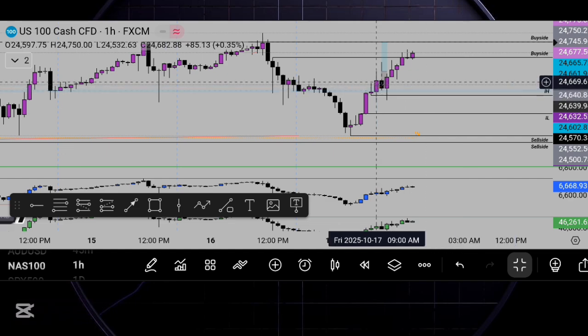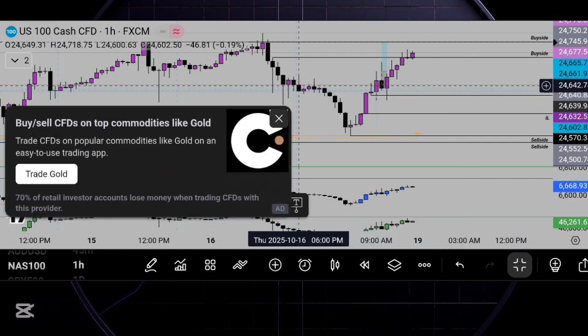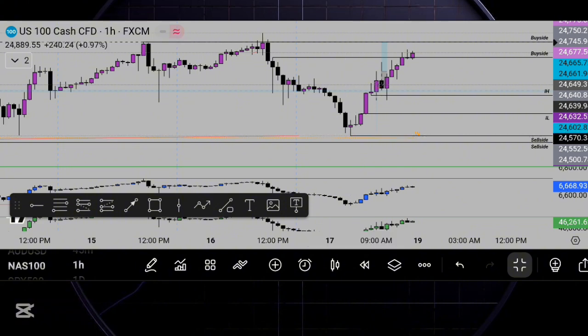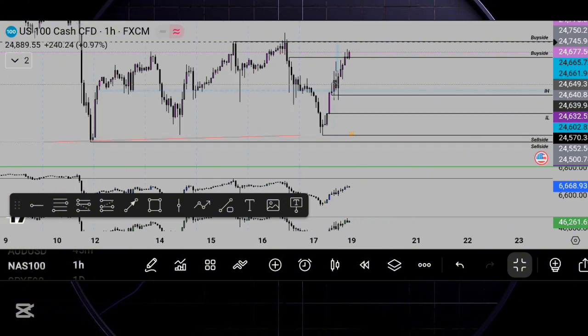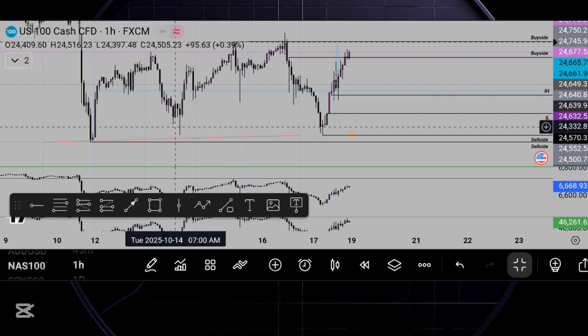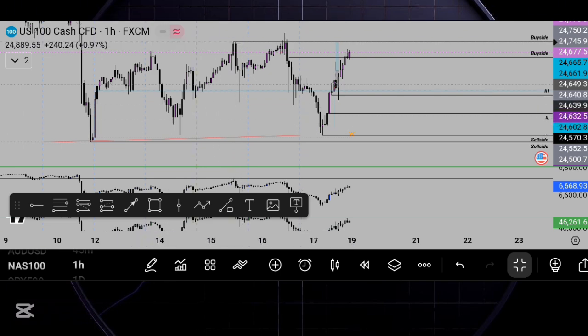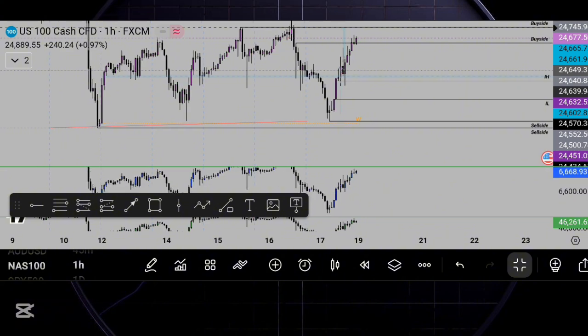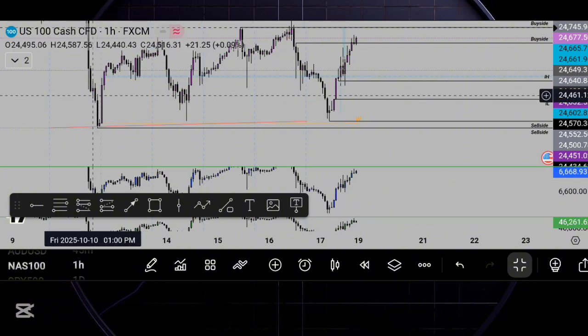The price opened right here at 6 p.m. and ran straight to the sell side liquidity, purging the Thursday, Wednesday, and Tuesday's lows, and price stopped in advance of the Monday's low right here, the previous Friday's low.